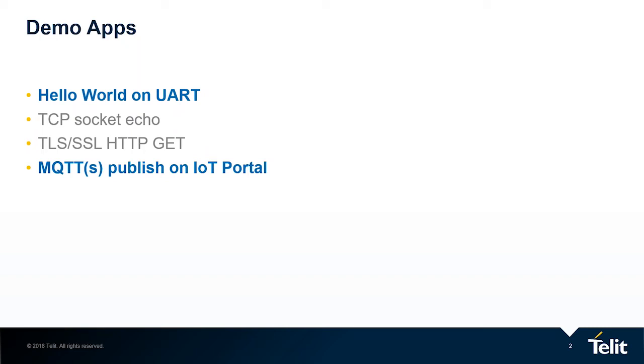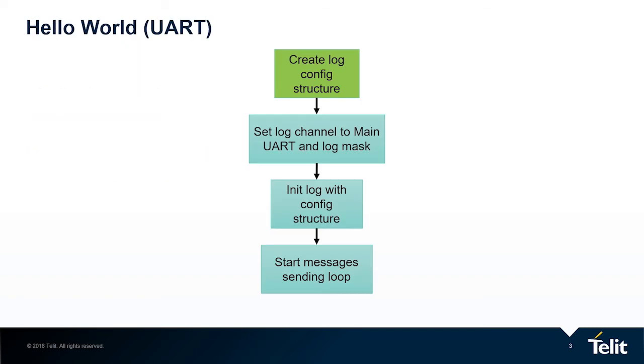Here is a block flow on how to create the application and run it. So, the Hello World application. The first thing for this demo application is to create the log configuration structure, which will be used to define the output port and the logging mask.